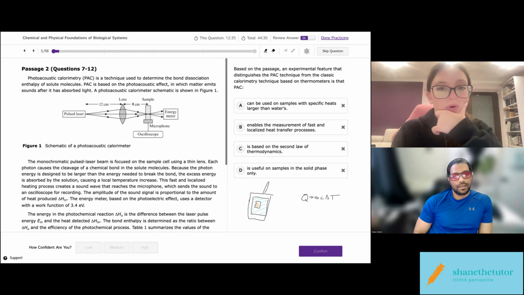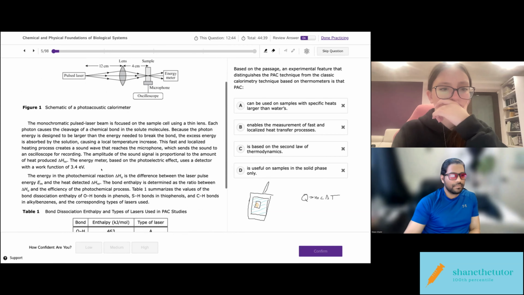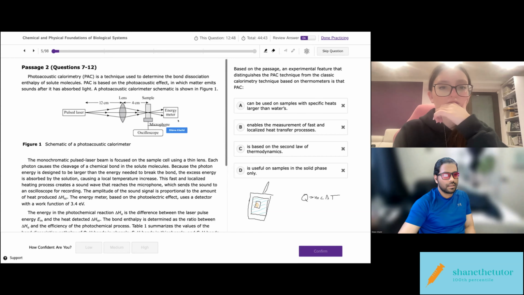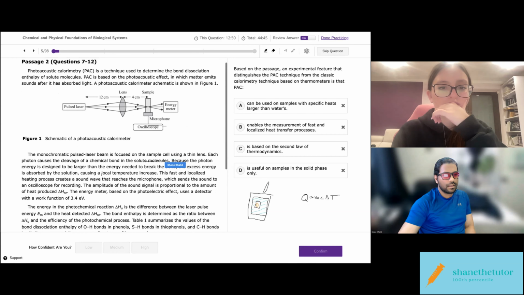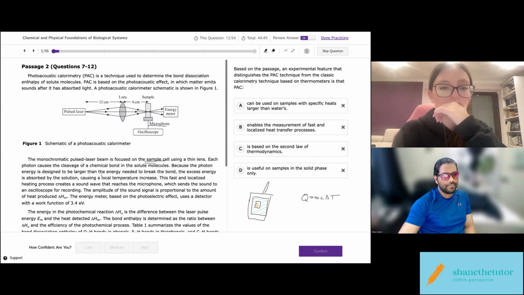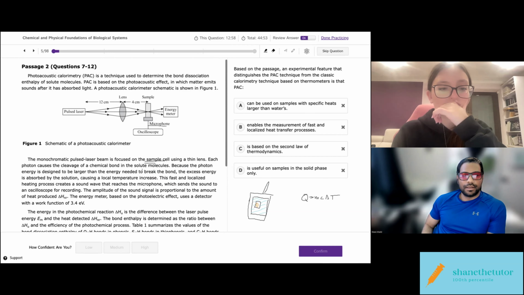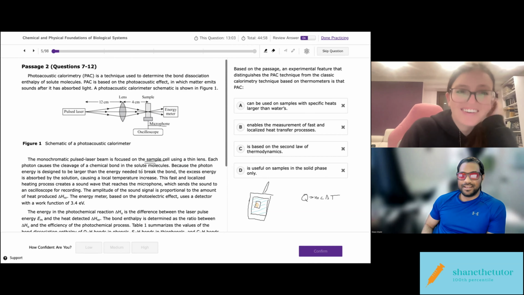Do we know where it is? We don't know where this system is, right? The sample cell.